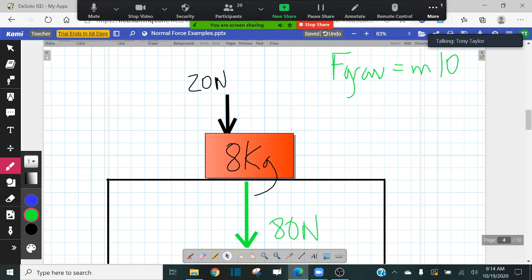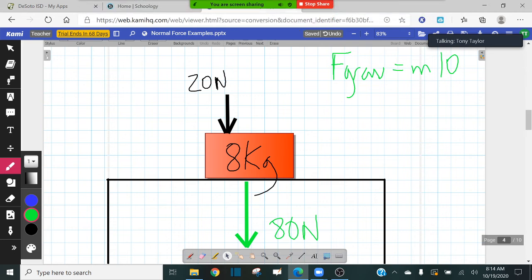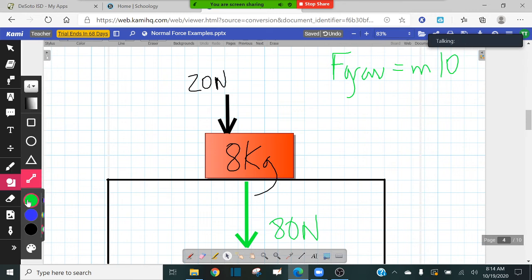Now, with that said, can someone tell me, if I know these two down forces acting on the block, what is the magnitude of the normal force pushing up on the block? Assuming the block is at rest.